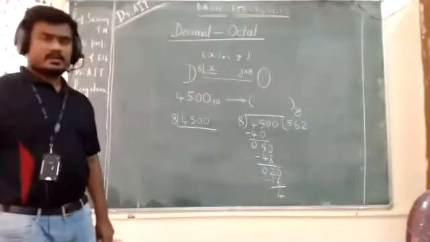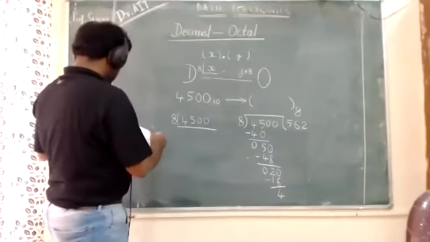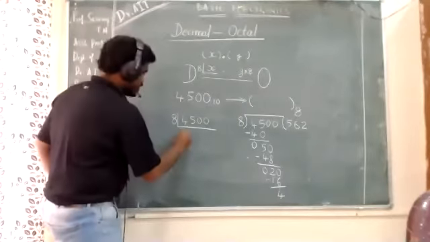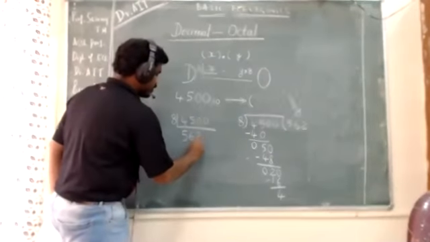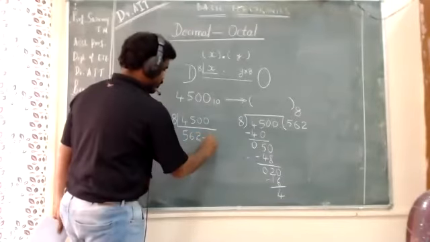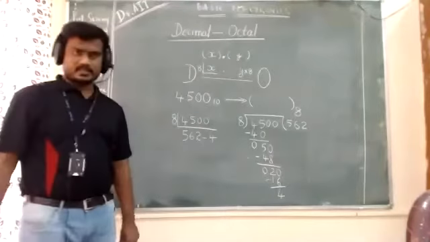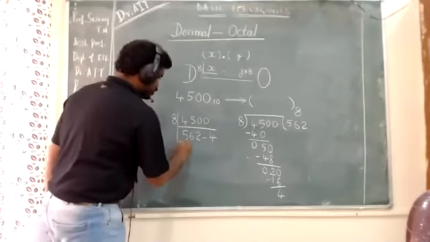Now I will write this quotient here. The quotient is 562, and the remainder is 4. Like this. And I can divide this further also.